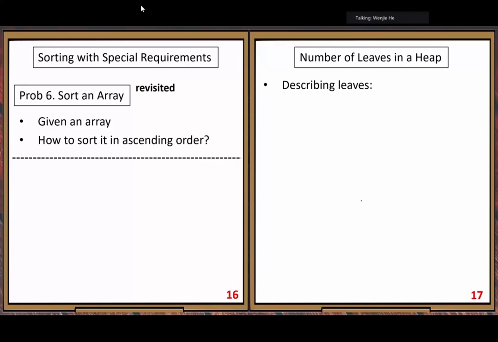First, we need to answer this question. How do we know a given node is a leaf or not?